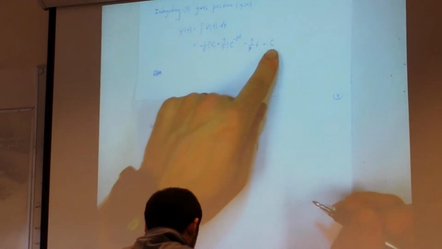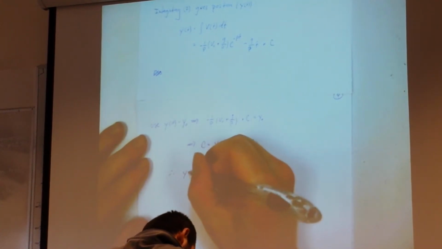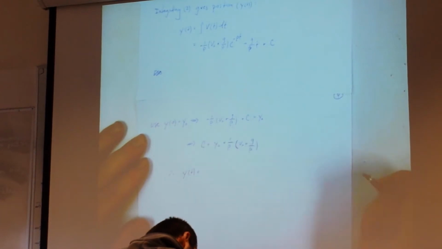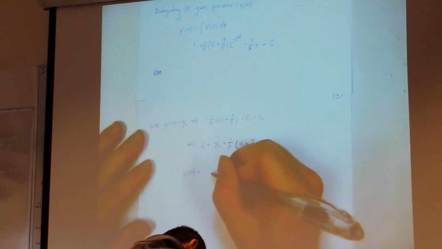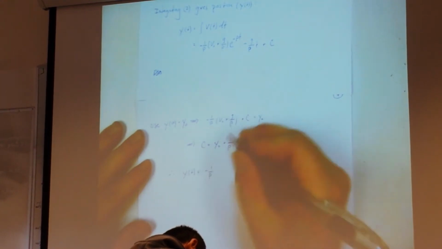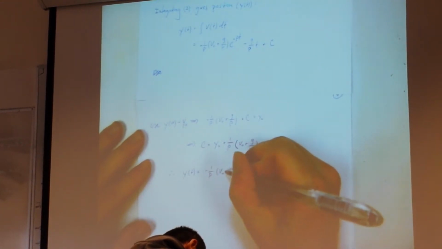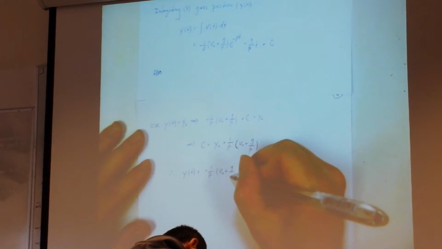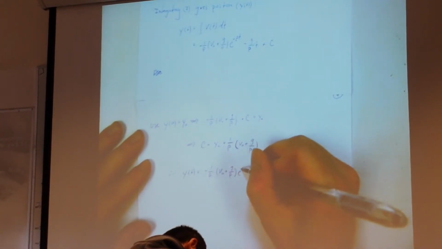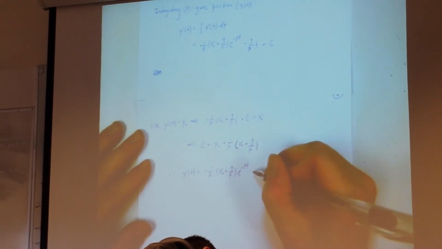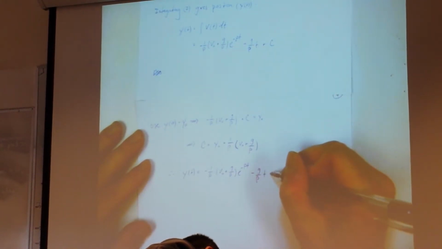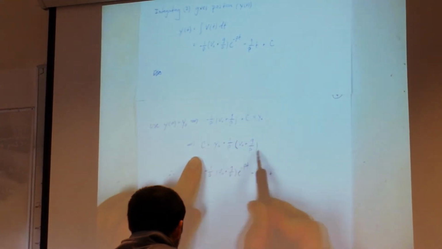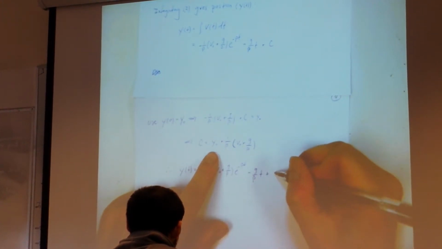For c, we get y of t equals negative 1 over rho, v naught plus g over rho, e to the negative rho t, minus g over rho t plus c, which we just solved, is this gigantic mess.